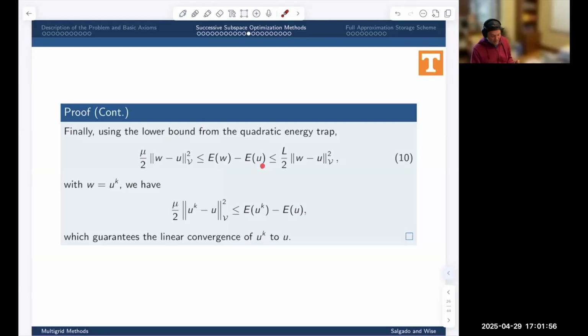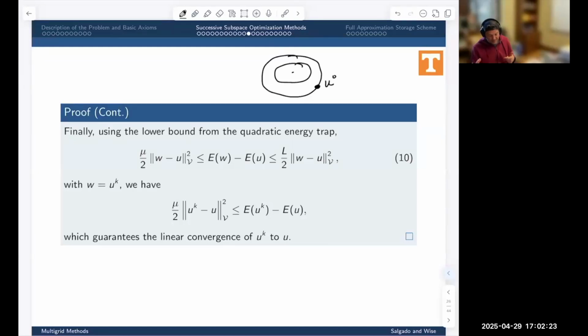Of course, U is in the ball, no problem. So W can't be too large or else this constant is going to get larger and larger. But the ball that I can use is the so-called energy ball. I know that the energy is always going to be less than a certain value, basically dictated by E0.